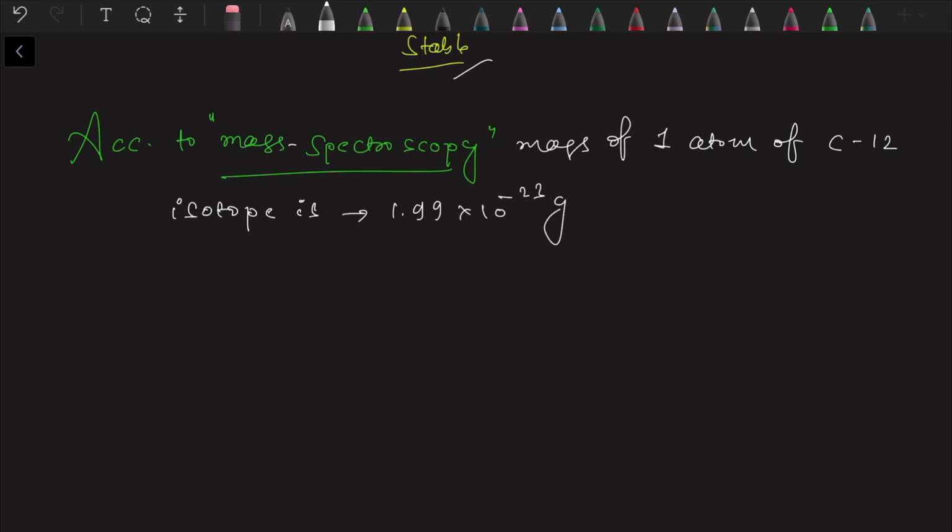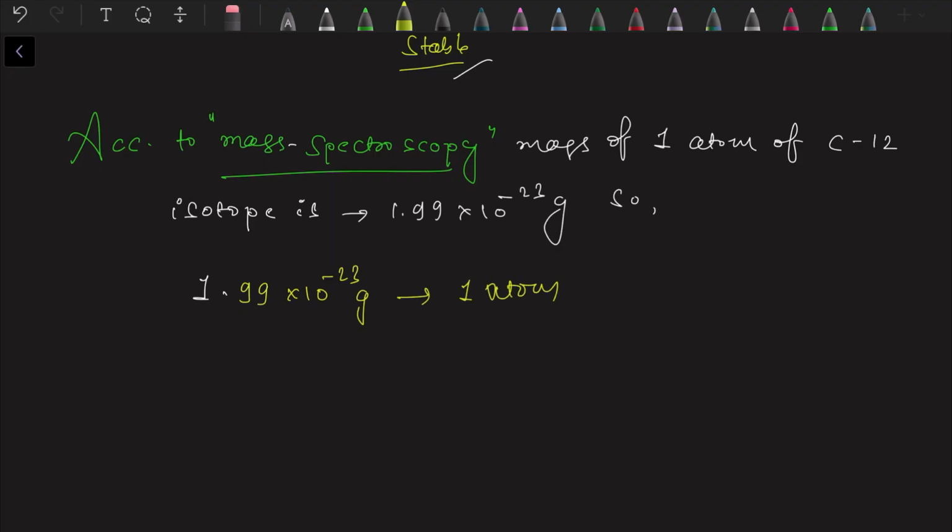Approximately you can take it as 2 also, no problem. With respect to this, if I am trying to find out how many atoms are present in 12 gram of carbon, see, 1.99 into 10 to the power minus 23 gram is present in one atom.